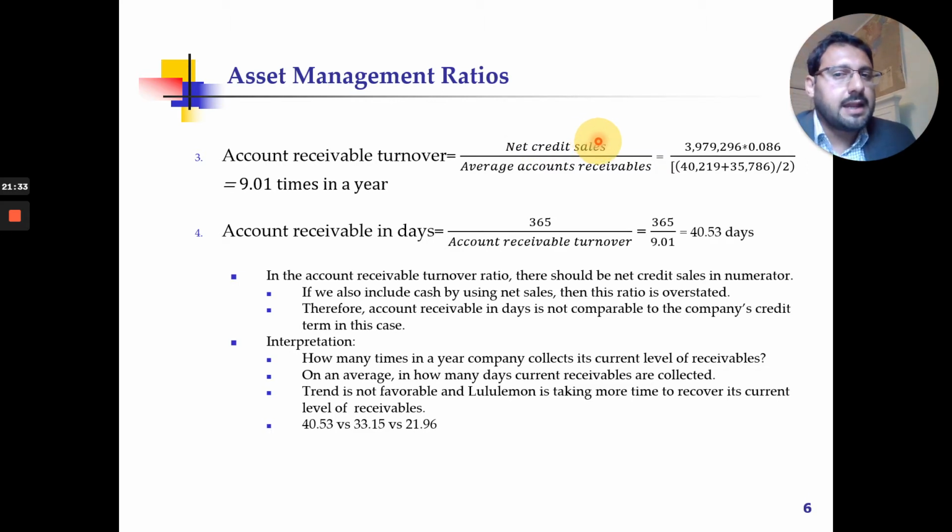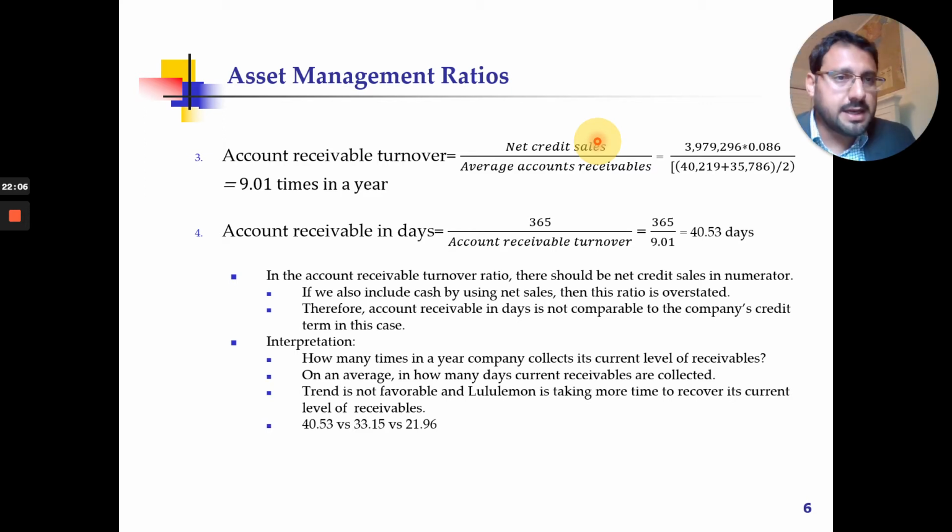So let's suppose Lululemon's credit policy on which they are selling to its customers is 2/10 net 30. It means that the company has a 30-day credit policy, and if someone pays within 10 days, the company will give a 2% discount on those sales.